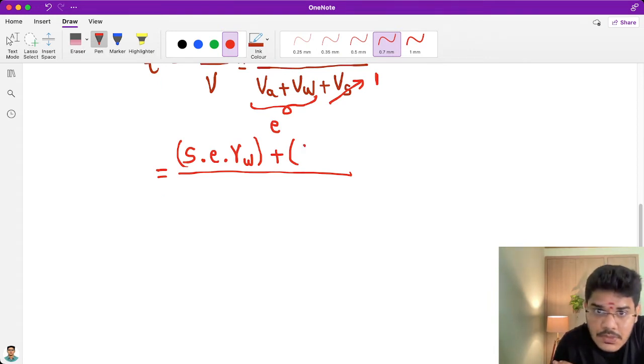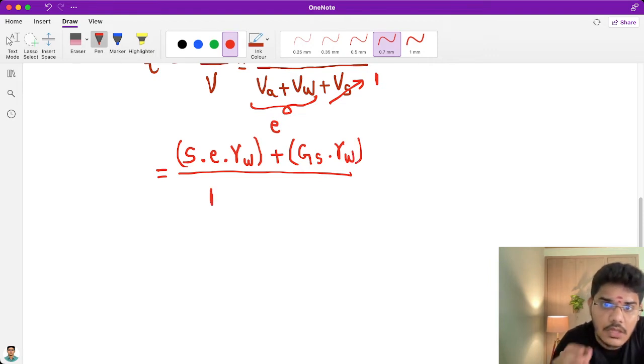In the denominator we have e plus 1, or 1 plus e. This is equal to gamma T.